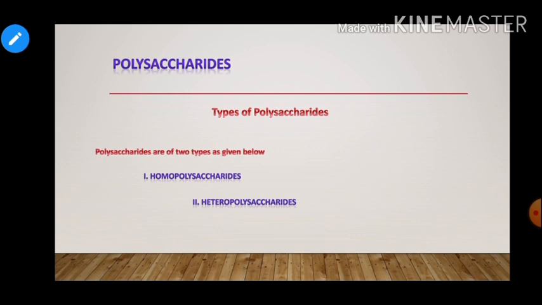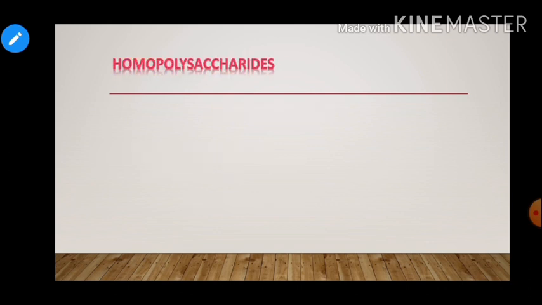Now children, let us look at the first one, that is homopolysaccharide. Homopolysaccharides are composed of monosaccharide molecules of a single type. In homopolysaccharide, homo means same, and polysaccharide is a polymer.